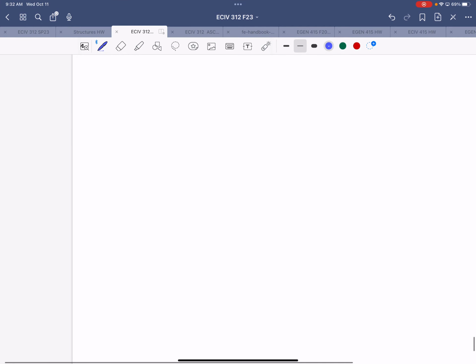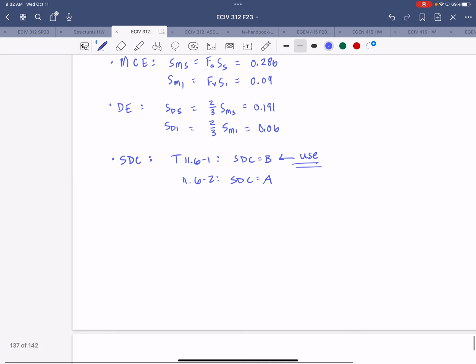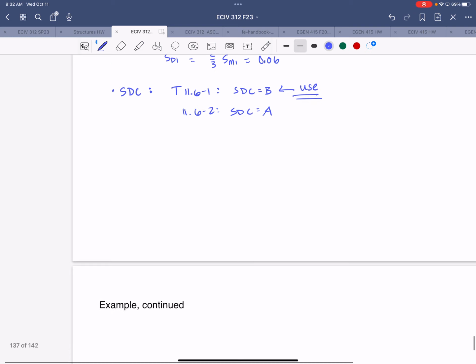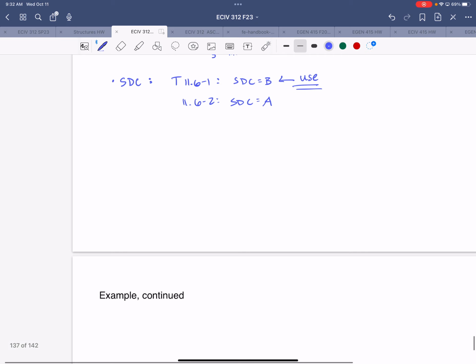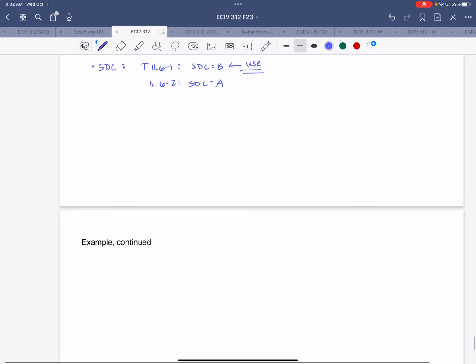All right, so the next phase is to determine the seismic forces, now that we've identified the design earthquake and the design category. So find the seismic forces.